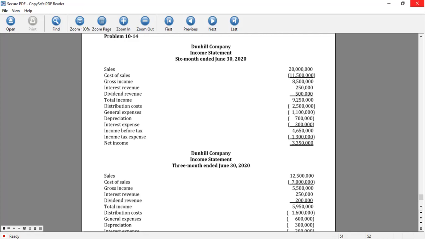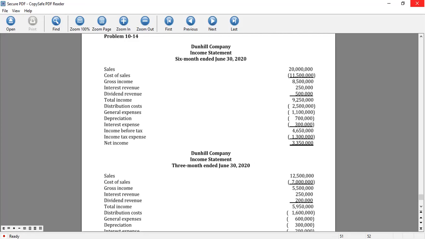Then we deduct this distribution cost given of 2.5 million, and the general expenses of 1.1 million, and 700,000 depreciation together with interest expense.